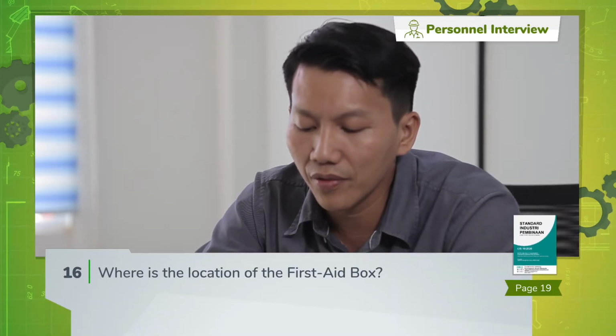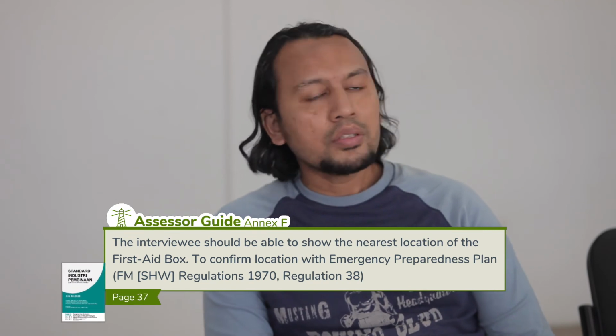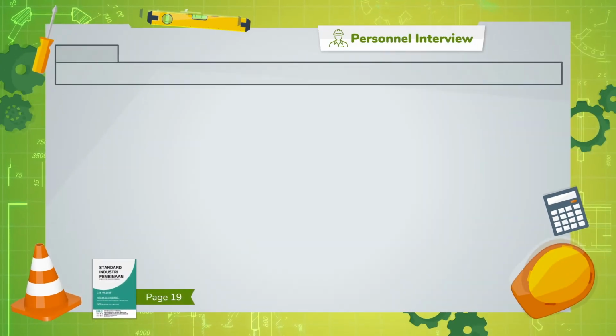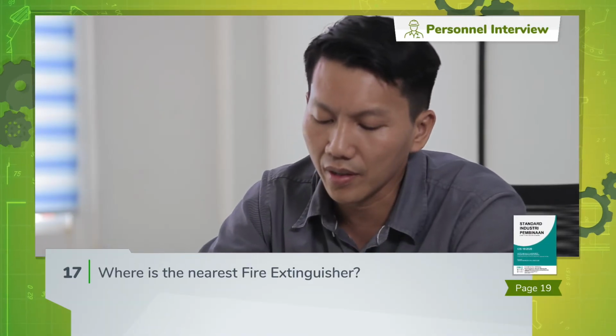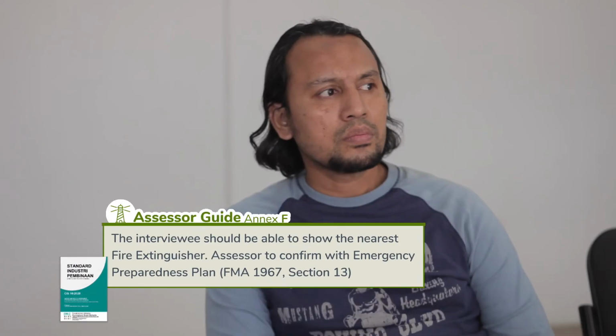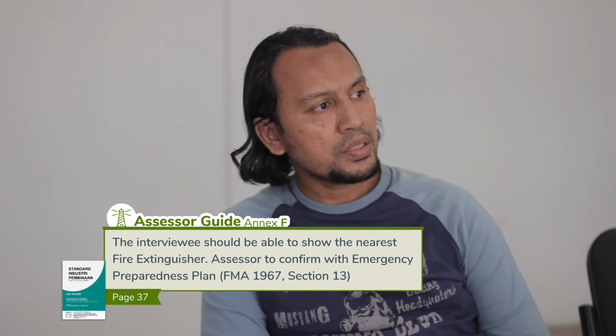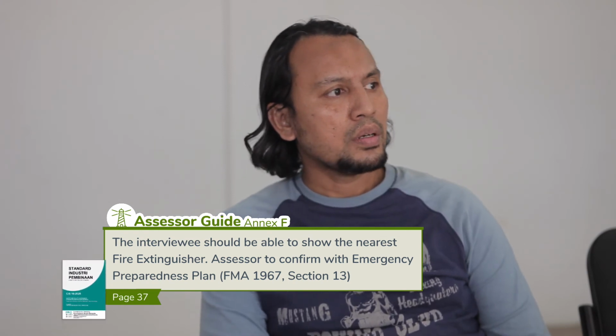Do you know where the first aid box is? Ada dekat side office. Okay, and the last question, where is the nearest fire extinguisher? Dekat side office dengan luar meeting room.